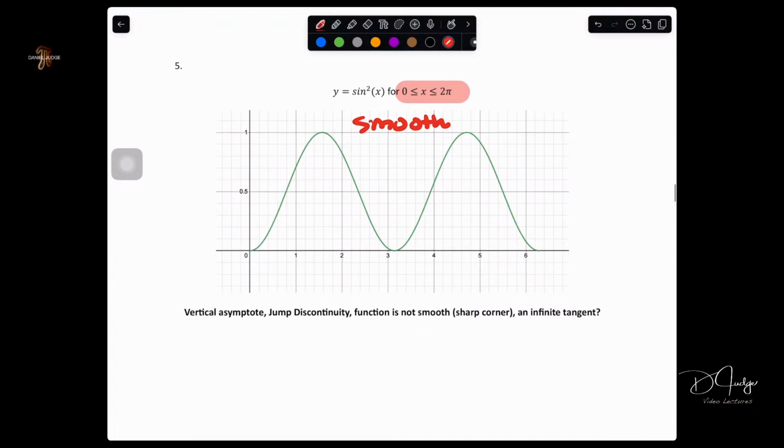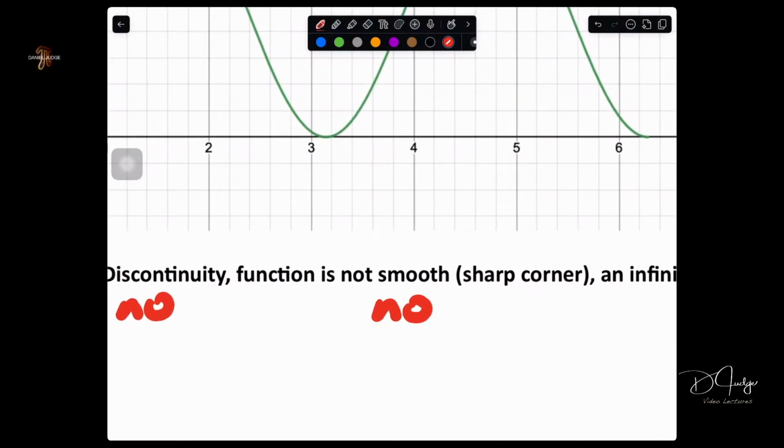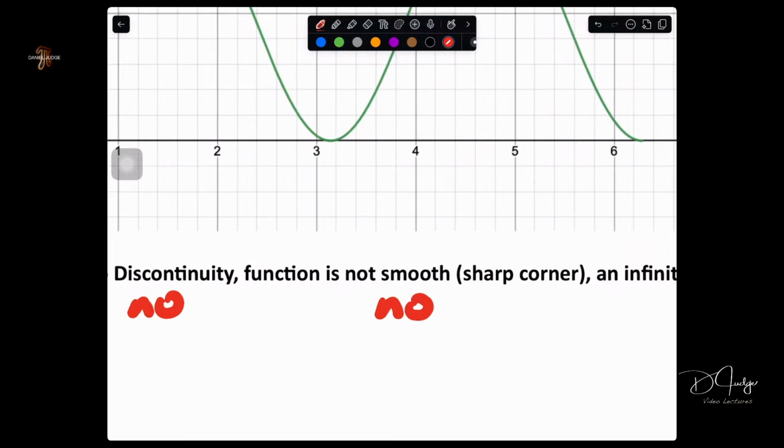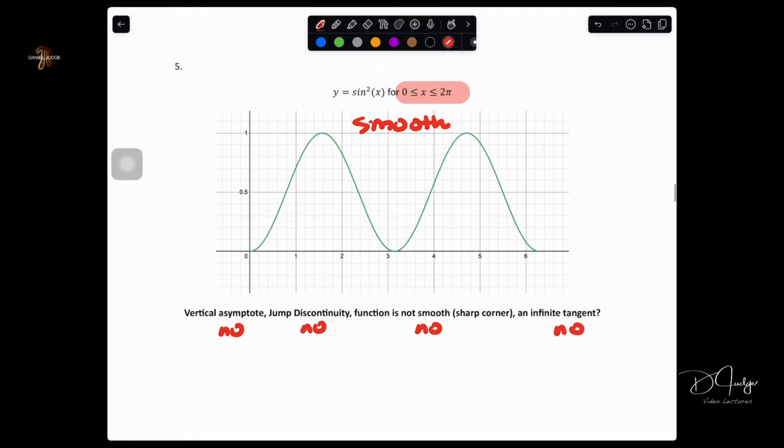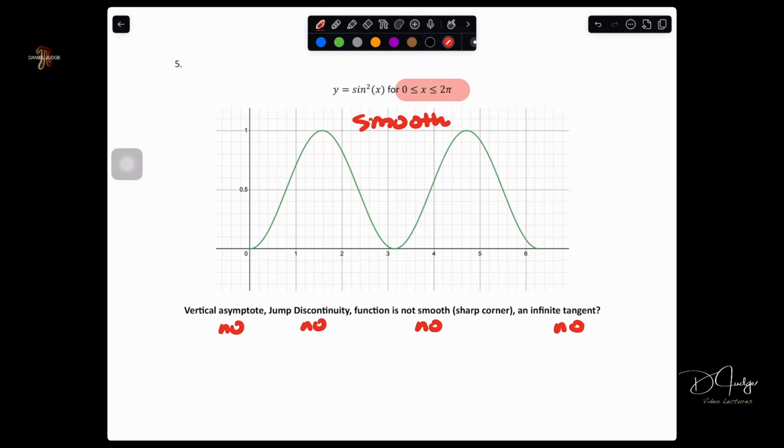Are there vertical asymptotes? No. Jump discontinuities? No. Is there any sharp corners? No. Places where it's not smooth? No. Infinite tangents? No. We'll see an example of an infinite tangent. It's where the curve is virtually vertical. So this is a nice situation, sine squared.